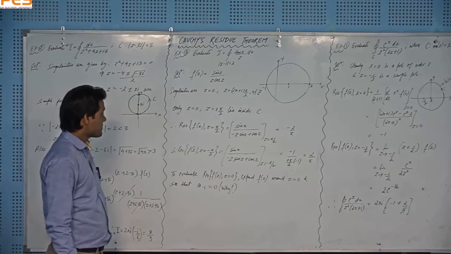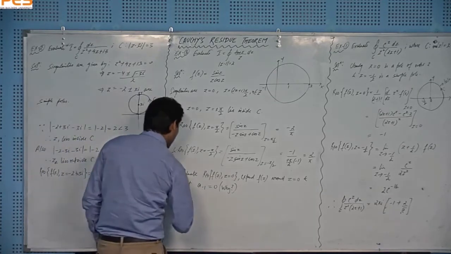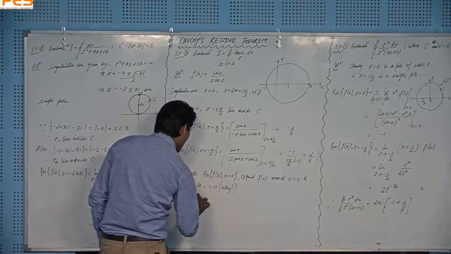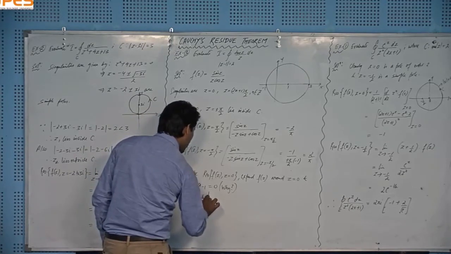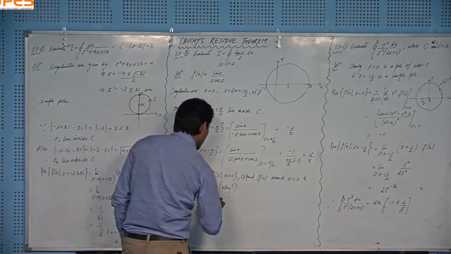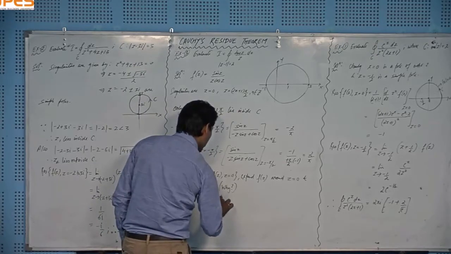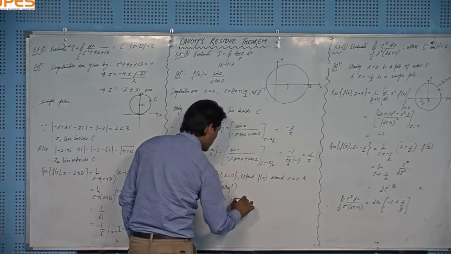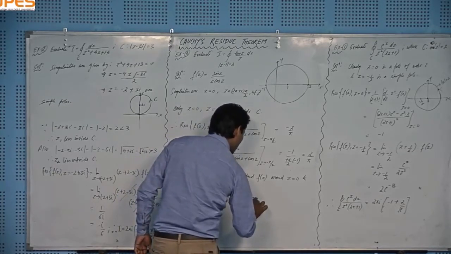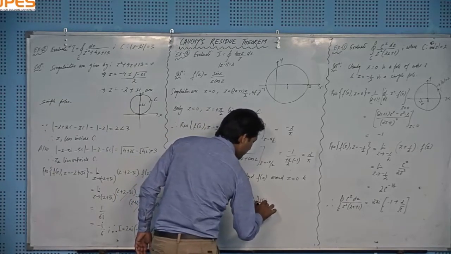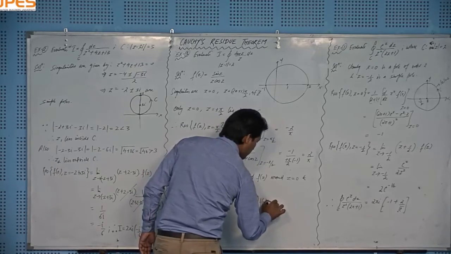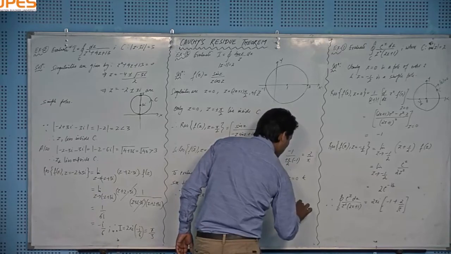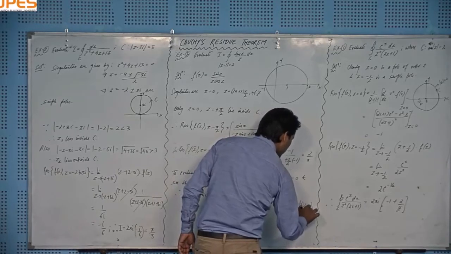Okay, so therefore your answer will be I equal to 2 pi i multiplied by the sum of residues, residues calculated at pi by 2, at minus pi by 2, and at 0, right?